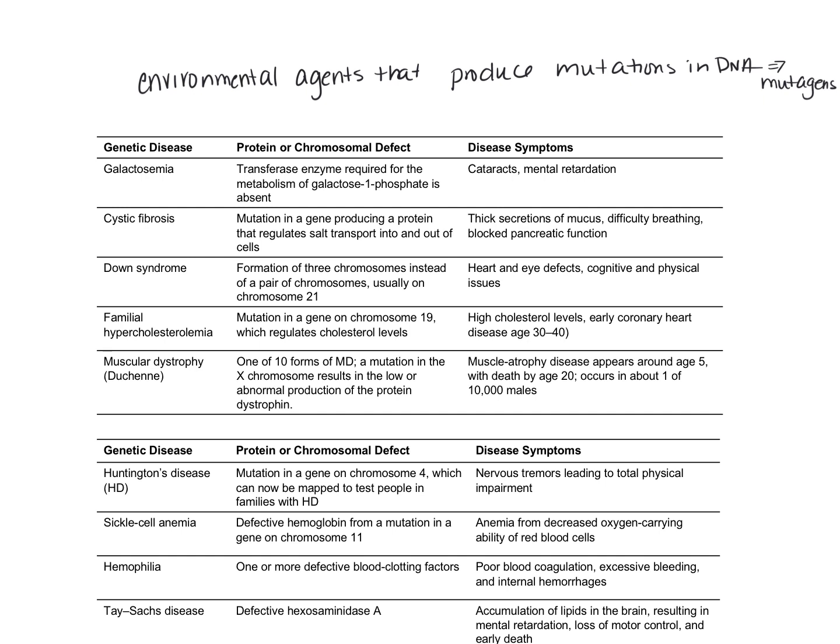And many mutagens are carcinogens, which are cancer causing. Right? Viruses can also cause mutations. Here are some common protein or chromosomal defects, and then the disease symptoms. And so there are kind of these genetically inherited diseases that you can see here, and they are produced by a lot of times some sort of mutation, or they are inherited.